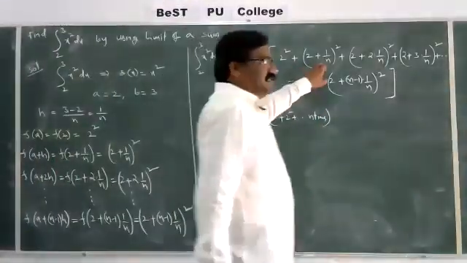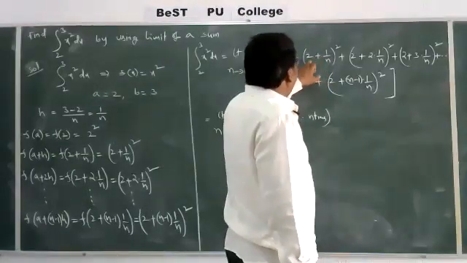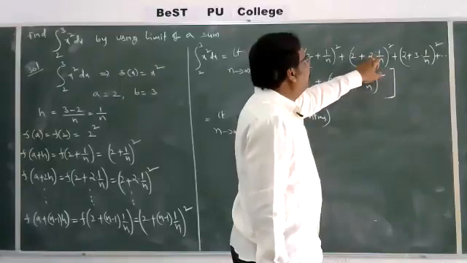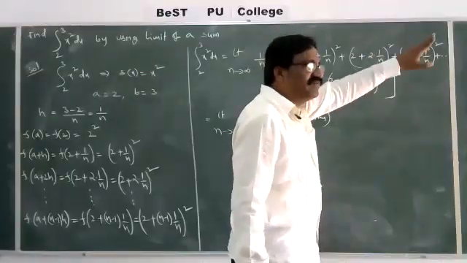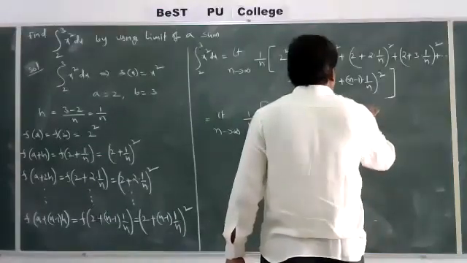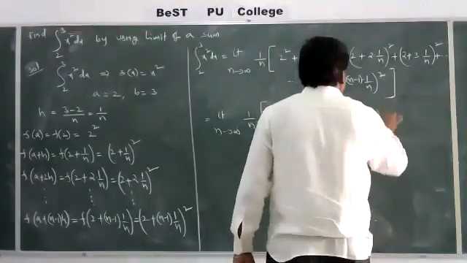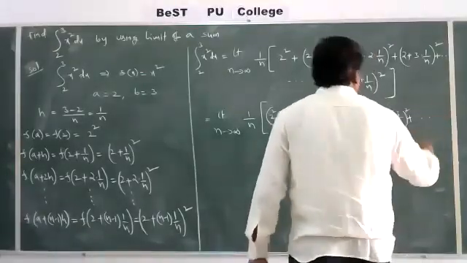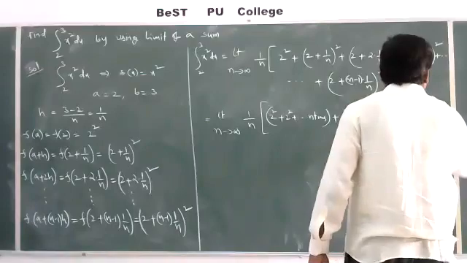And in every bracket a square plus b square: (1 by n) whole square, (2 by n) whole square, (3 by n) whole square, like that, plus and so on, plus ((n minus 1) by n) whole square.